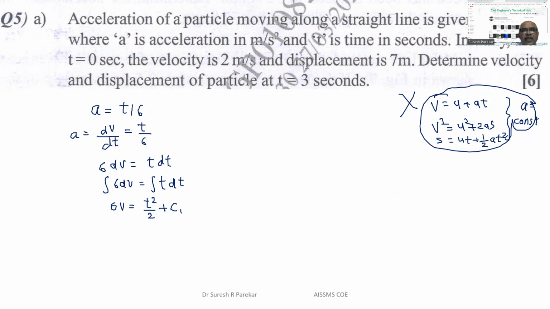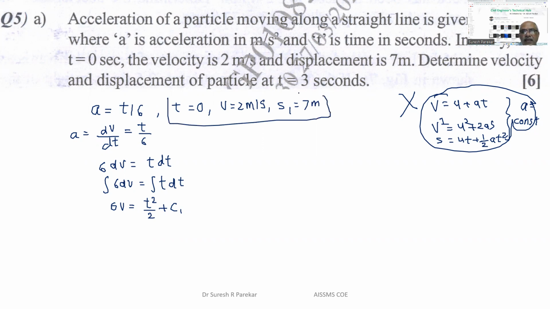Now what is given? Where A is acceleration and time t in seconds, initially at t is equal to 0, the velocity is 2 meters per second. The data is given, this you have to write at the start. T is equal to 0, V equal to 2 meter per second, and S1, I will say initial displacement, 7 meters at T is equal to 0.